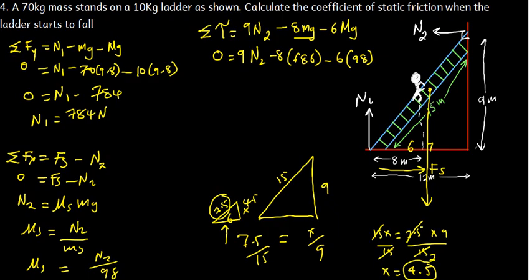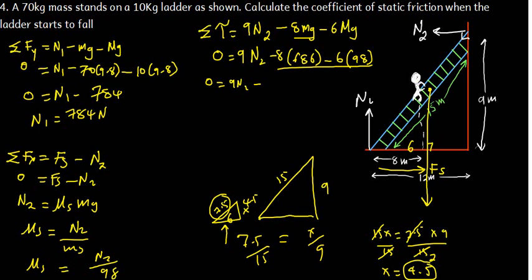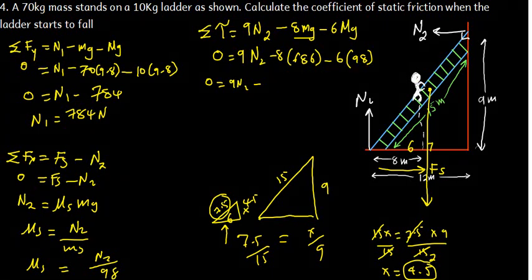So this will be 0 is equal to 9 N2 minus, so if we calculate this value here, 686 multiplied by 8 is 5,488. If we multiply 6 by 9.8, 98 I mean, that is going to be 588. So let's sum up these two values.